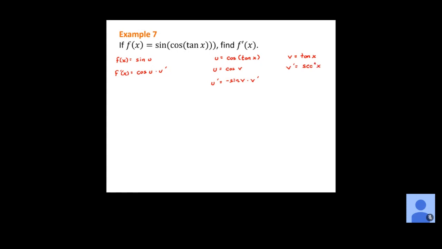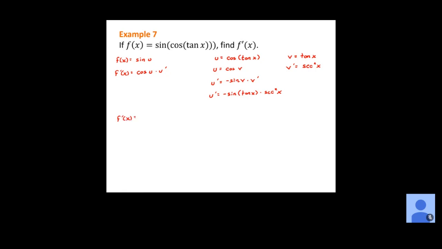Now we should have all the pieces we need. We just kind of have to work backwards and substitute things in. I'm going to find my u prime first. I'm going to take the v value and substitute it in. So we'll get negative sine of tangent x times v prime, which is secant squared x. And at that point, we have our u and our u prime, and we can substitute those back into the f prime of x over here.